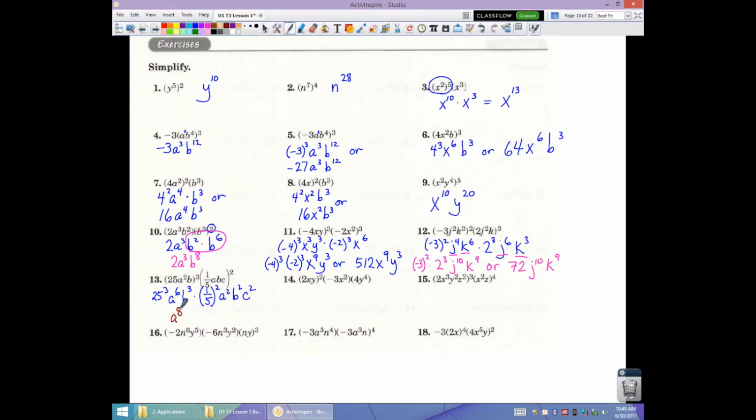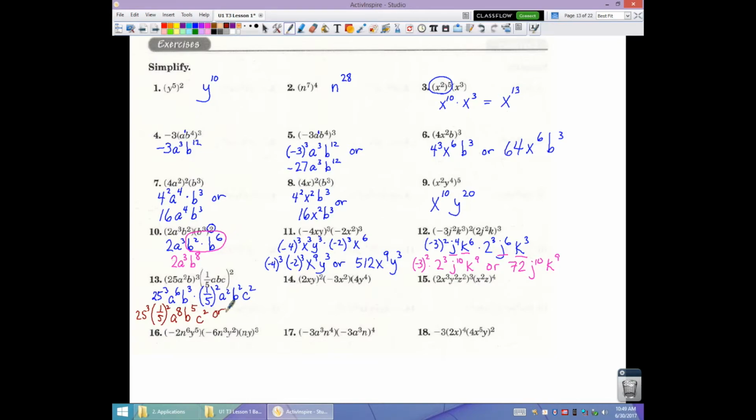Okay, so I can simplify the a's, a to the 6th times a squared is a to the 8th. B to the 3rd times b squared is b to the 5th. And then the c squared has to stay the way it is. And I can either leave this 25 to the 3rd times 1/5 squared, or I could simplify that.